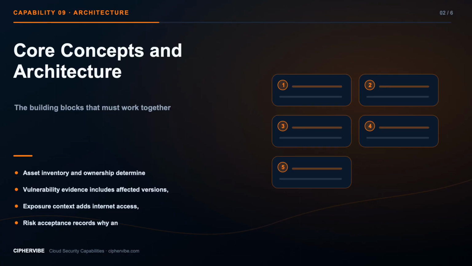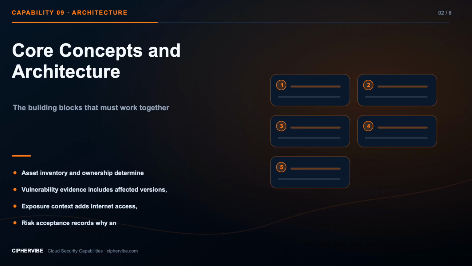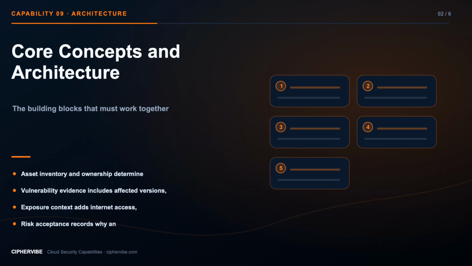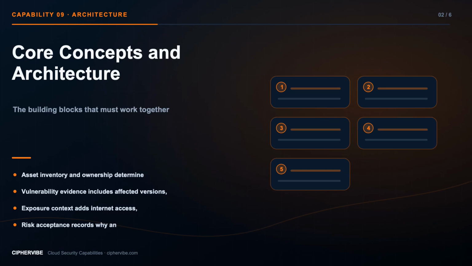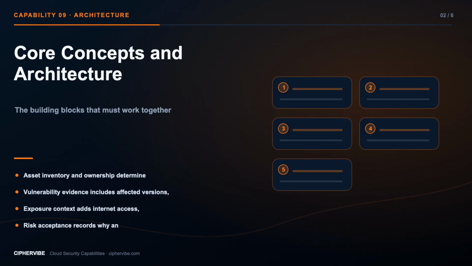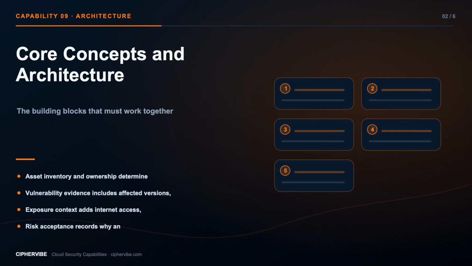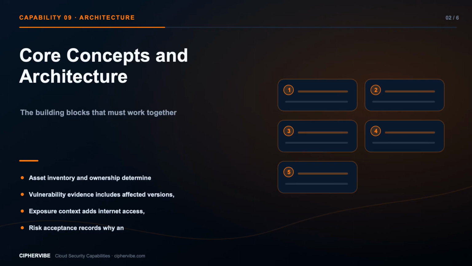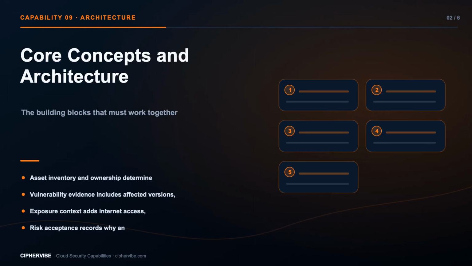Third, exposure context adds internet access, privilege, sensitive data, lateral movement, business criticality, and threat intelligence. Fourth, risk acceptance records why an exposure remains, who owns the decision, which compensating controls apply, and when review expires.